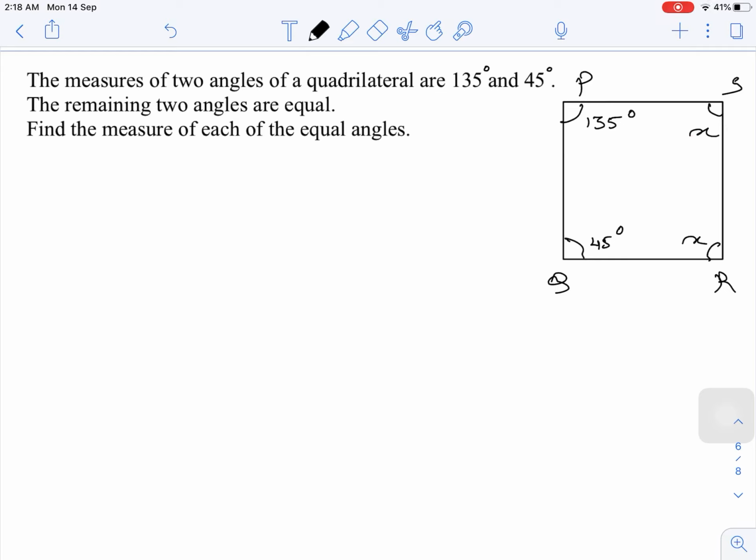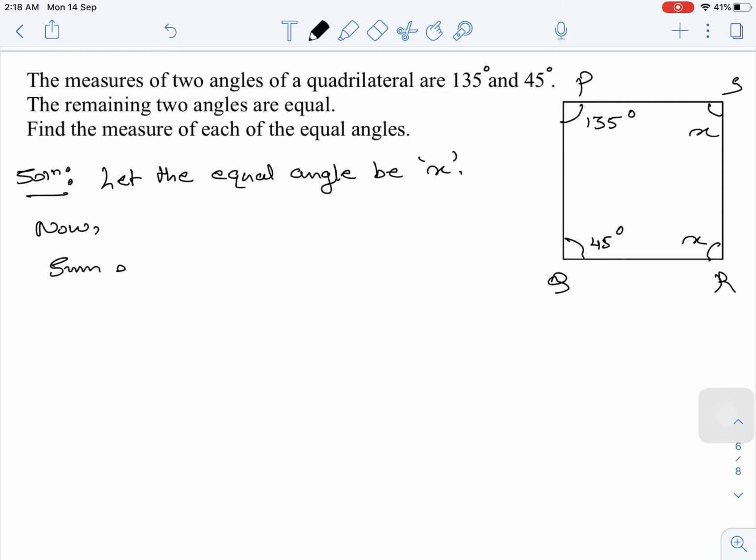Now let us write the solution. First we have to write what we have considered as our equal angles. Solution: let the equal angles be x. Now we know that the sum of all these angles will be equal to 360 degrees. The same concept we'll use here.